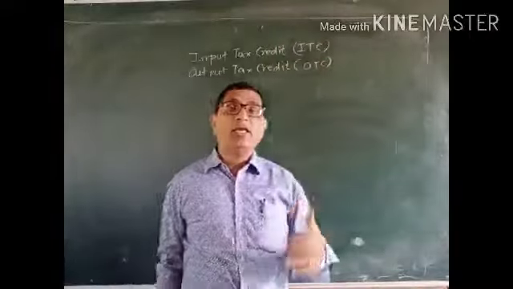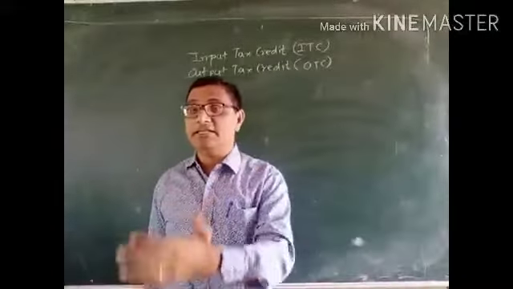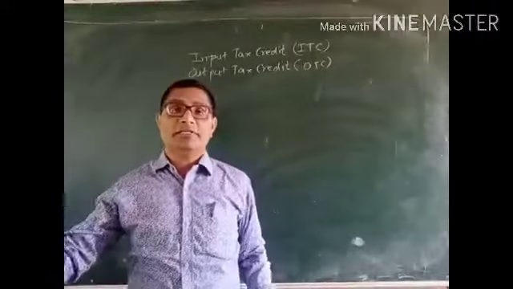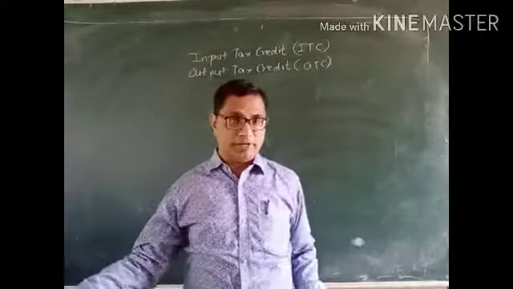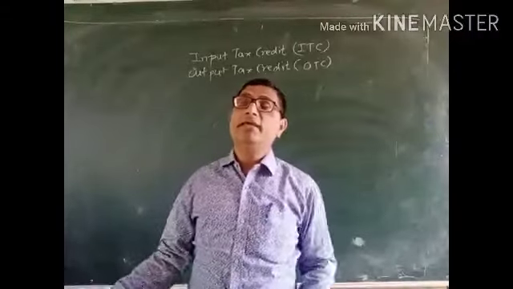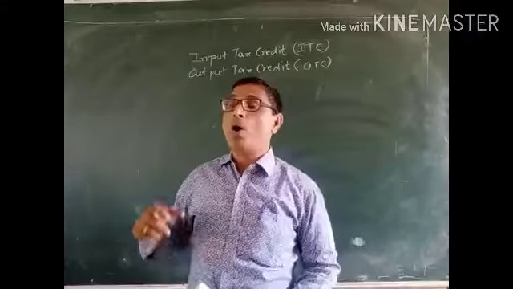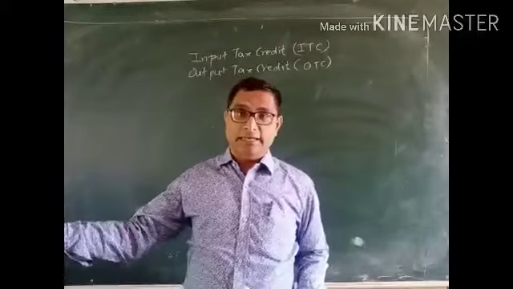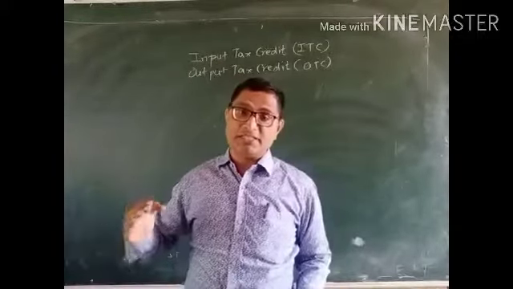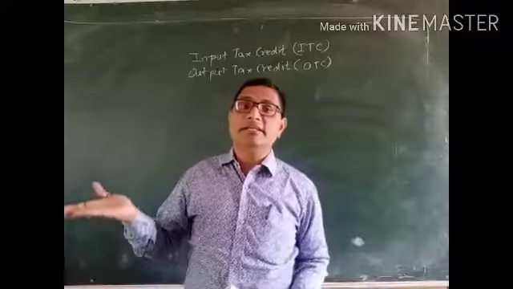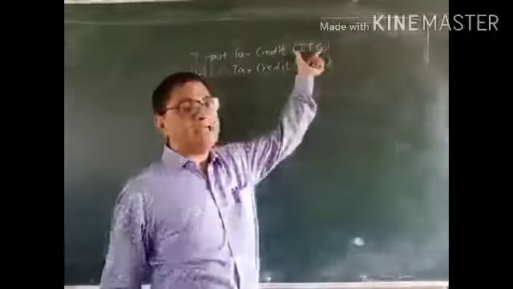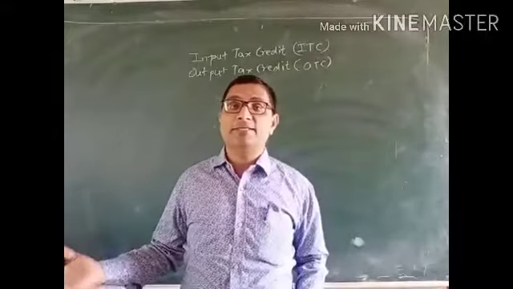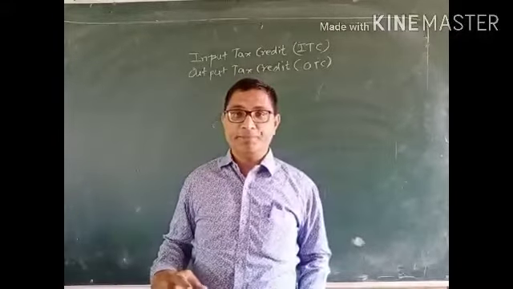And when he sells those things, that object, that goods to another person, another dealer or customer, while selling he collects GST on the price of sale, and that GST is slightly greater than input tax credit, and this tax is known as output tax credit.